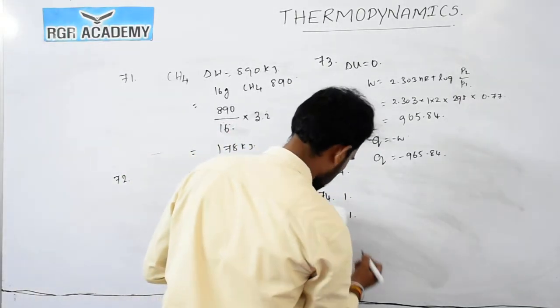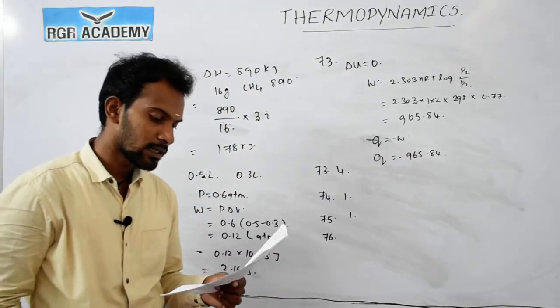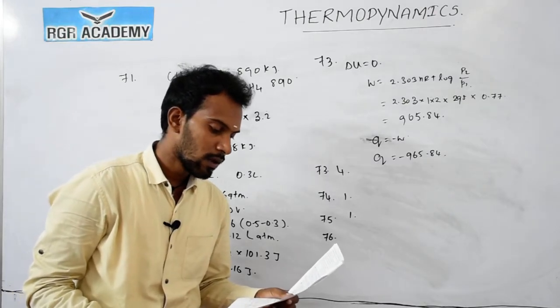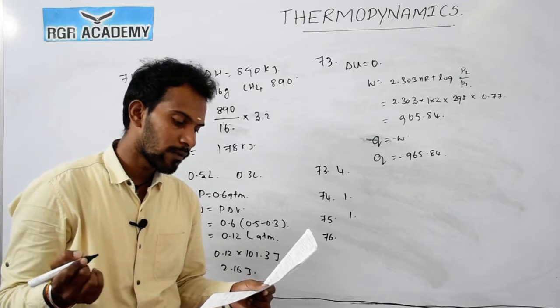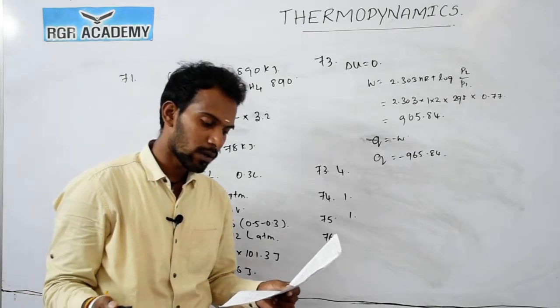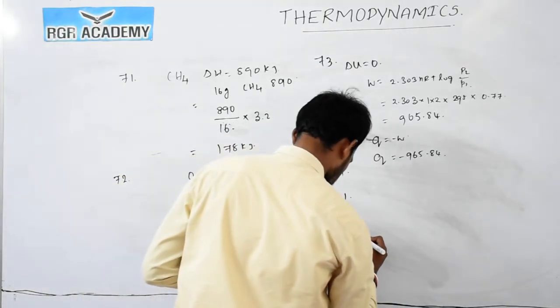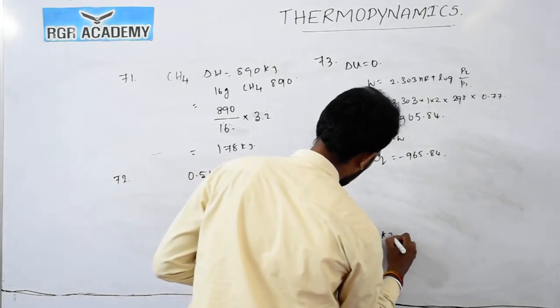Question number 76. The neutralization reaction will take place, enthalpy is, previously we discussed the same question. So here the enthalpy N2O4 to 58.4 to 176.7 kilojoule. So the free energy change of the reaction is equal to 5.39 kilojoule.